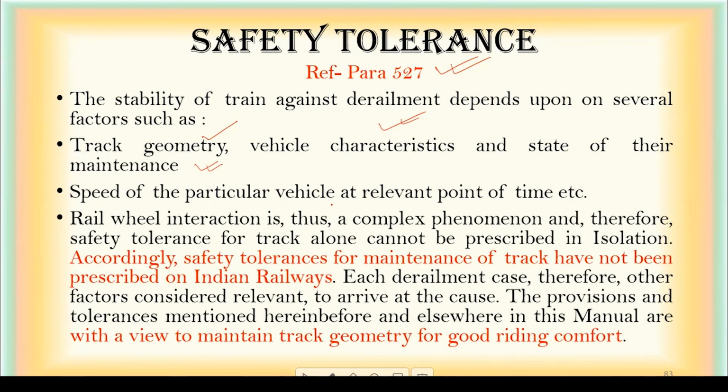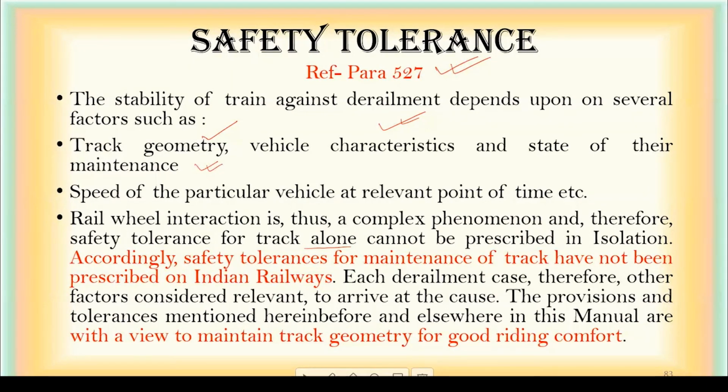And it clearly says that rail wheel interaction is thus a complex phenomenon, and therefore safety tolerance for track alone cannot be prescribed in isolation. So we have not laid down any tolerance. Whatever we have discussed today, no tolerance is for the purpose of deciding that track is unsafe for running traffic.